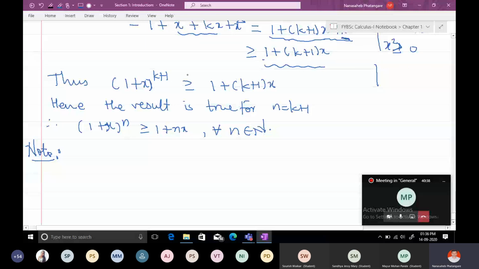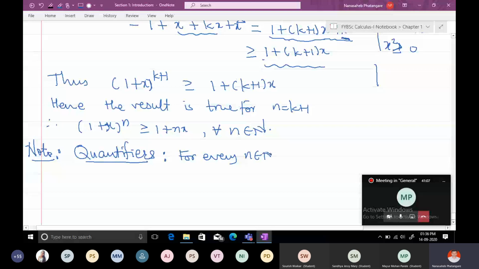These notations are called quantifiers. So what are the quantifiers? The quantifiers are symbols that we use in mathematical statements. For example, for every n in N. The same thing I can write in short, for all n in N.